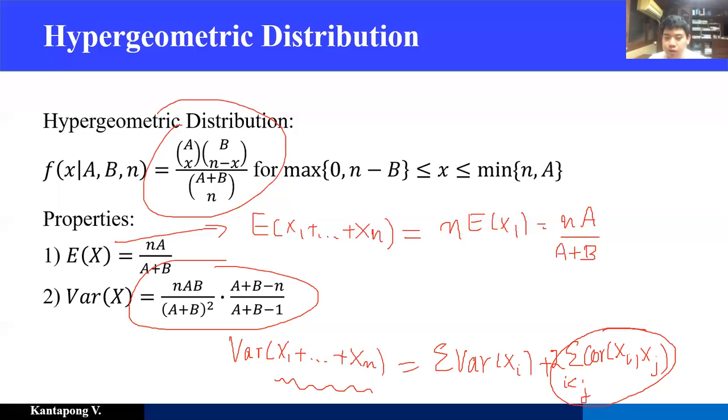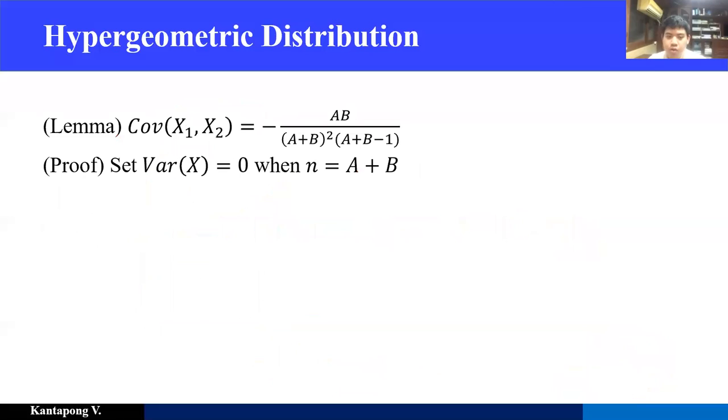That is what we are going to prove next. The covariance of X1 is equal to this one. So the key to prove it is to set the variance of X equal to 0 when n is equal to a plus b. So if we draw all of them, surely we get a certain outcome.